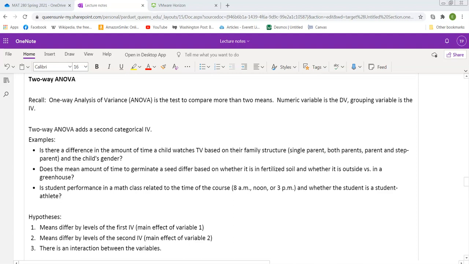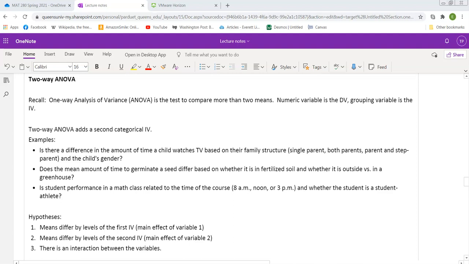And we could think about it as our numeric variable being the dependent variable, and our categorical variable being the independent variable. So our grouping variable might also be called the factor, and we're comparing across levels of the factor.